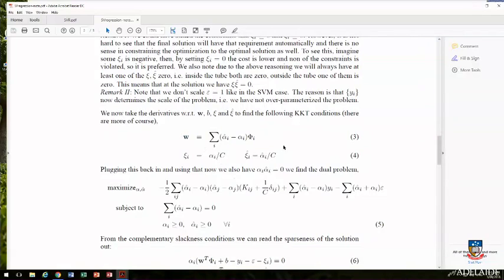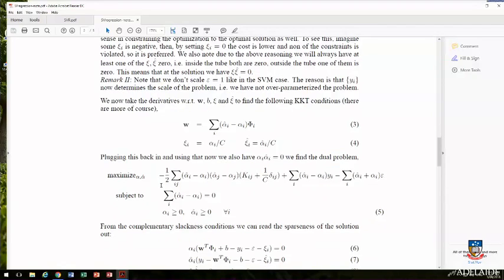You put these equations back into the Lagrangian function, eliminate all the primal variables, and keep the dual variables. Then you get something like this. So this is the dual problem.